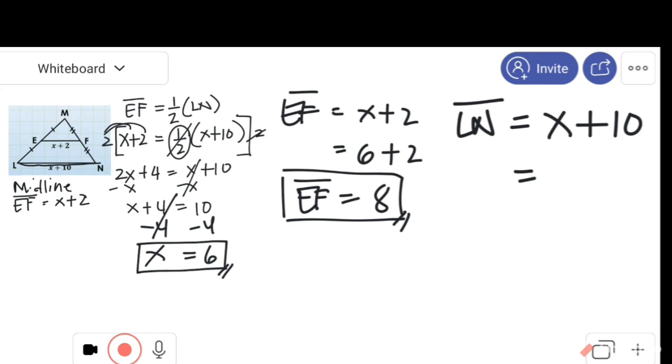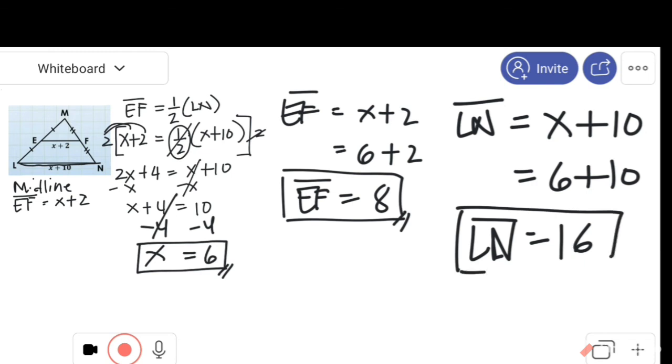And x is 6, plus 10, which is equal to 16. Now, it is confirmed that our third side is 16, its 1/2 is 8, which is our midline.